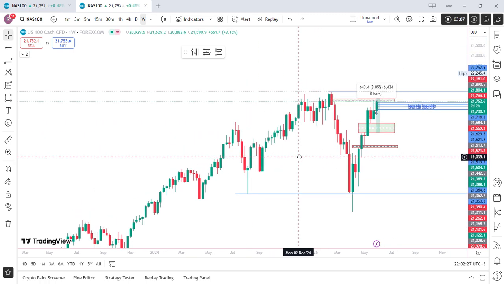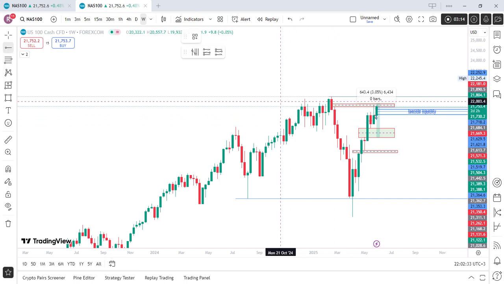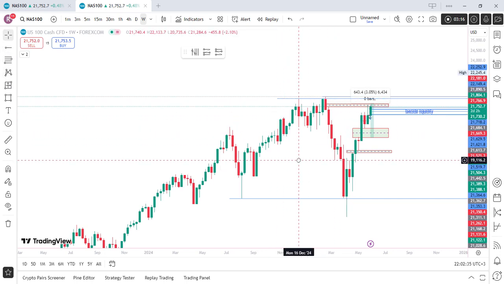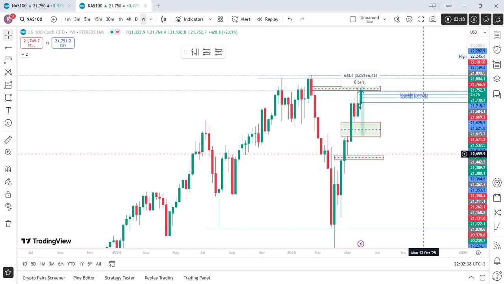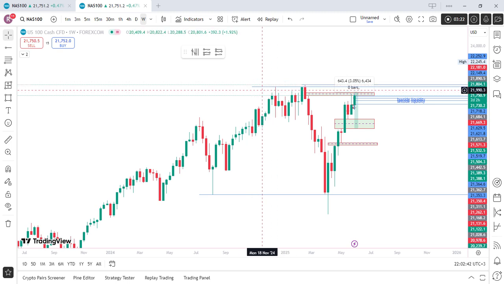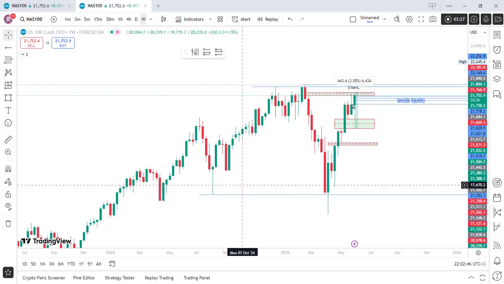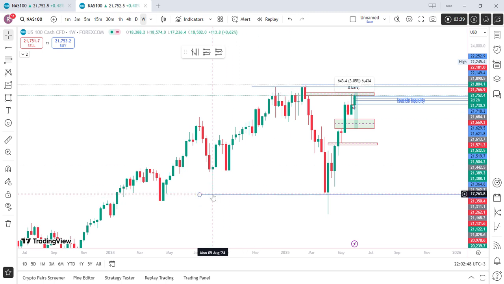In the other video, I talked about sell side liquidity and buy side liquidity. I want to look at what really happened here. Above this high, we had buy side liquidity. Below this low, we had sell side liquidity.